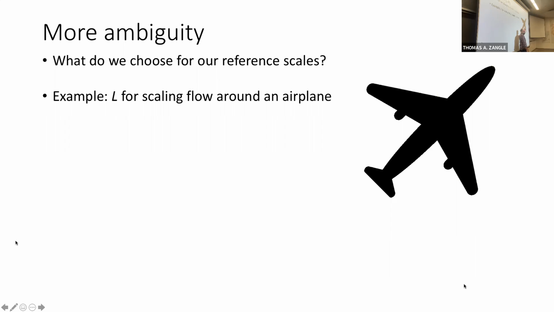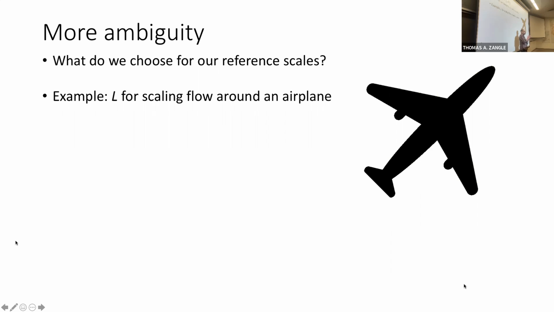So if we're looking to compare a larger or a smaller airplane to each other, those might have some substantial difference, model airplane versus a really large one. And so a more relevant length scale is something that's internal to the problem. So we want to choose our reference lengths and our reference velocities as quantities that are internal to the problem, that help define what's going on in the problem.